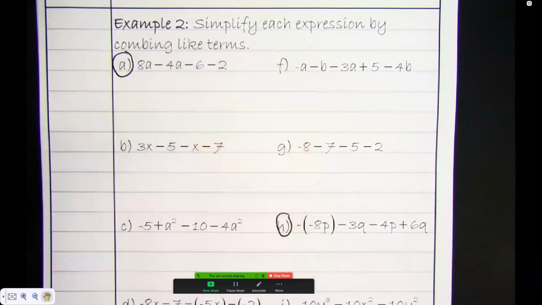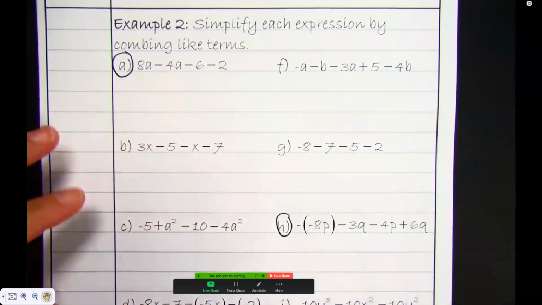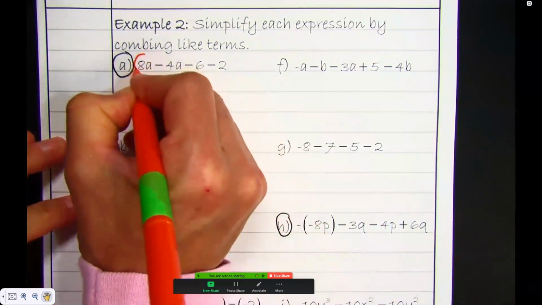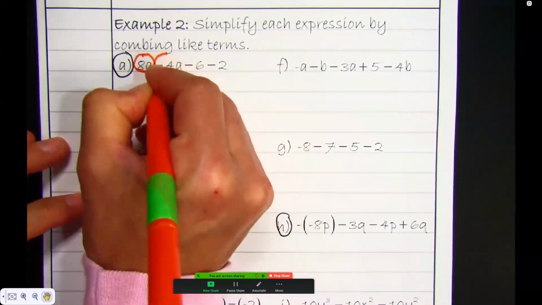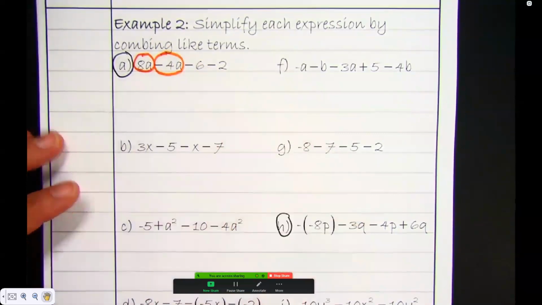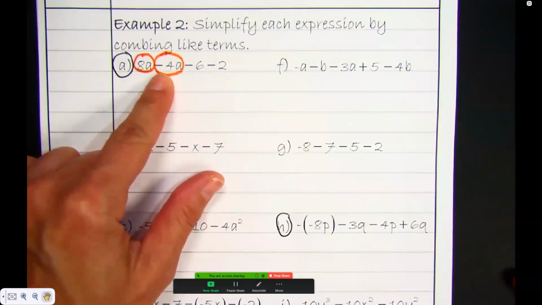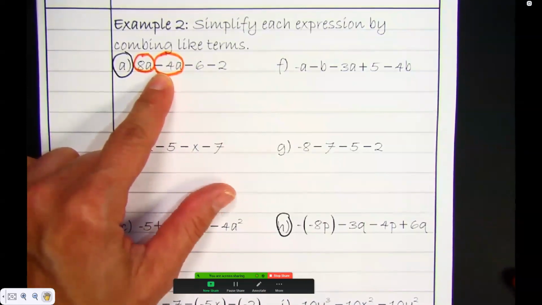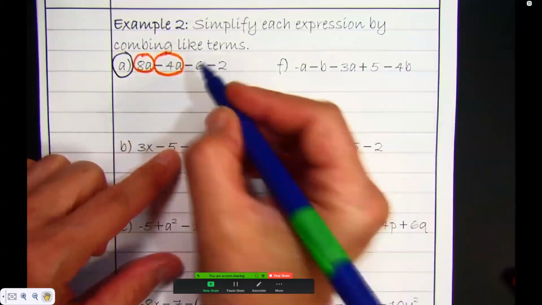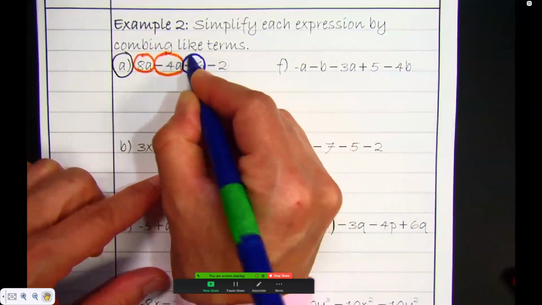So example 2, simplify each expression by combining like terms. So remember our first example, if I want to identify all of my like terms, I can use the same color, and you have to circle the plus or the minus that's in front, because that's part of the term.